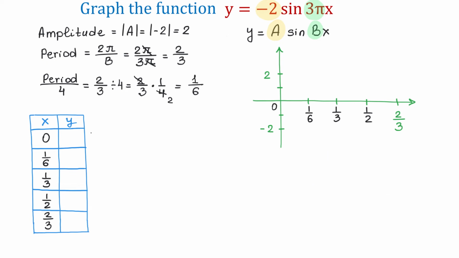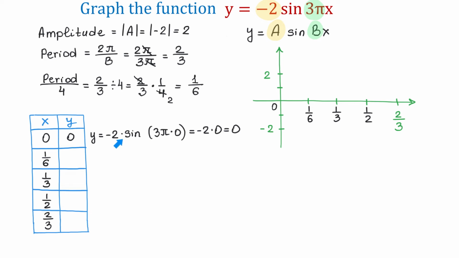On axis 0, y equals -2 times sine of 3 pi multiplied by 0. Sine of 0 is 0, and -2 times 0 is 0. So indeed, the first point we have in the table is the origin.